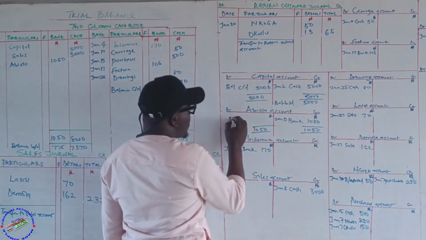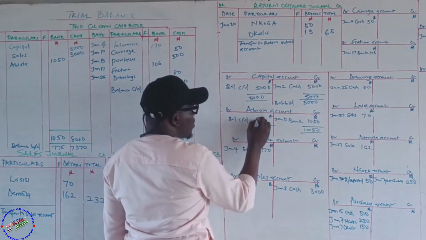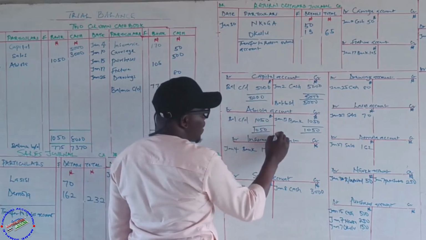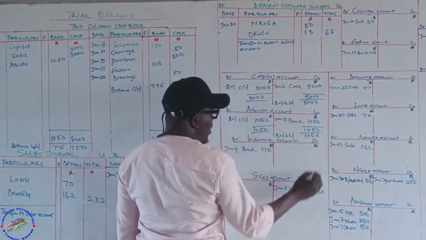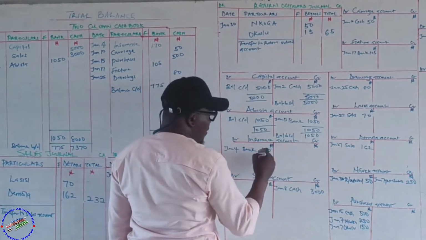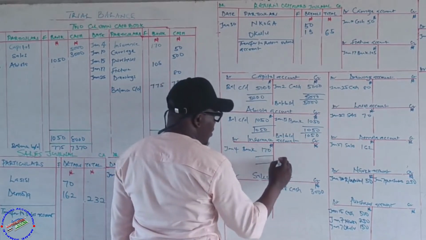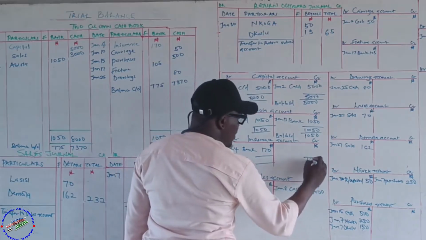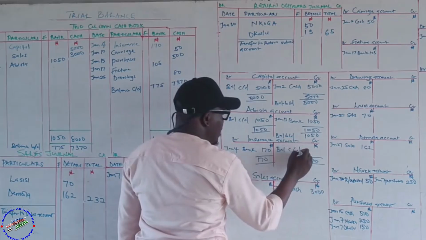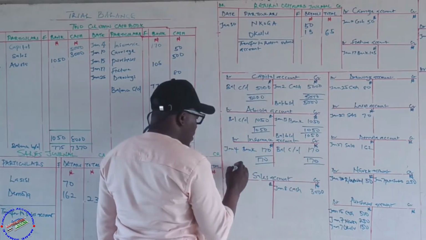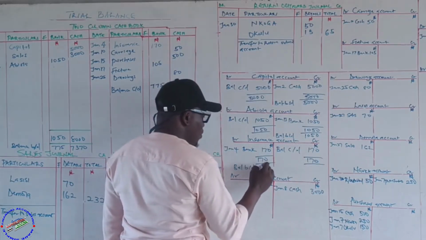So we have balance carried down, 1,050 naira, balance brought down, 1,050 naira. We have the same on insurance. We have 170, 170, balance CD, 170, balance BD, 170.